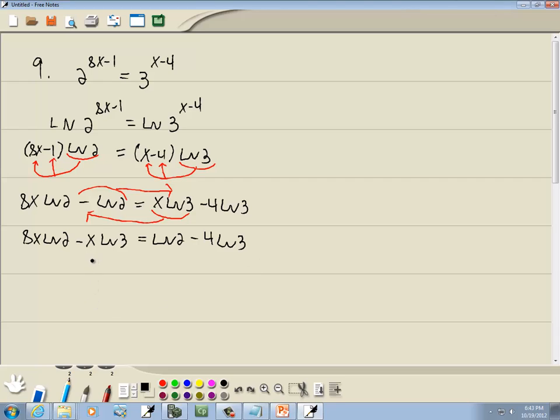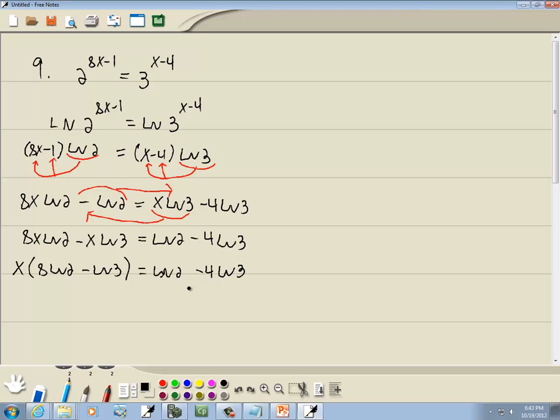Now we're trying to get x by itself, and normally we combine like terms to get a single x. There's two ways you can get a single x. You can combine like terms, which doesn't seem to fit very well with this problem, or you can factor out an x. And that's what we'll do here. We'll factor out an x. And that gives us x times 8 natural log of 2 minus natural log of 3 equals natural log of 2, and I'm going to switch over to ln because I'm getting tired of saying natural log.